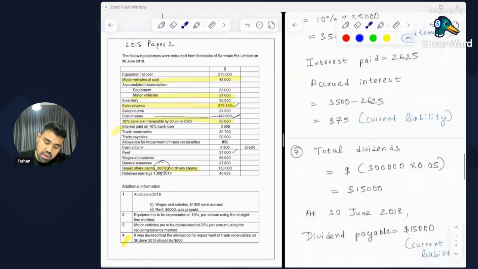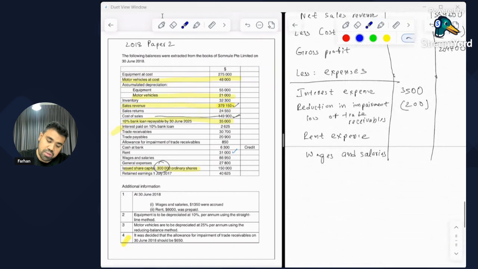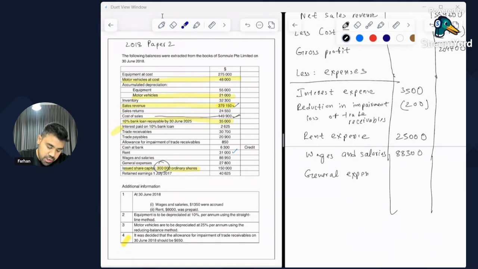So wages and salaries are $88,300, and then we have got rent expense of $25,000. Then we have got the general expenses, which is the last expense that we need to report. We do not have any adjustments here, and that is $27,800.